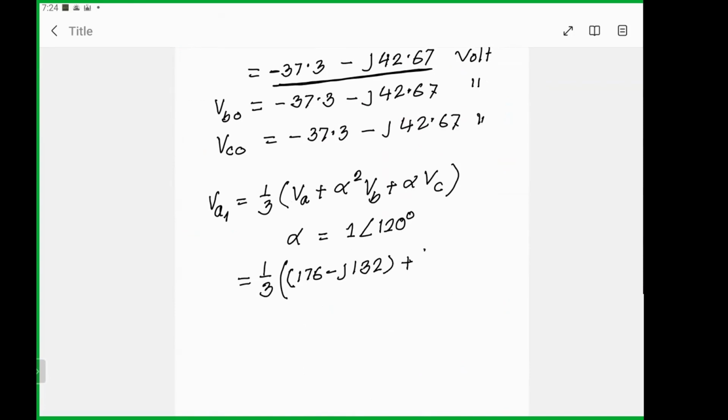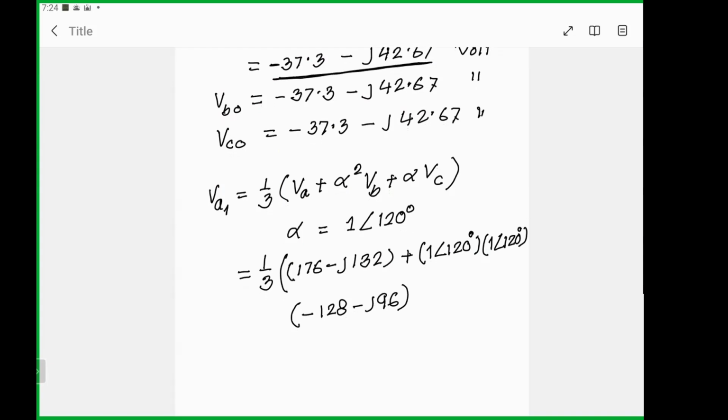Then this one is alpha, so I will write 1 at an angle of 120, and that squared, so I multiply twice: 1 at an angle of 120 degrees. And then I have to write down VB, which is equal to minus 128 minus J96. That's it for the second term.